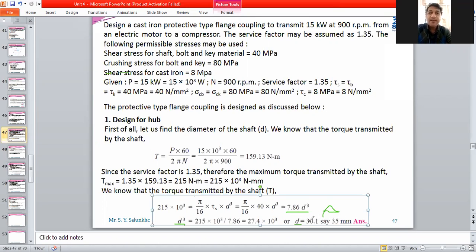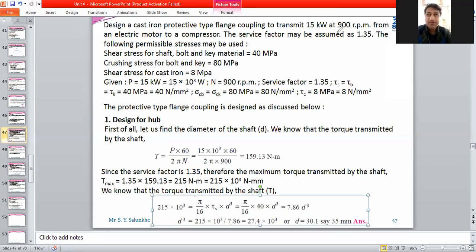Getting me? We cannot take 30.1 as it is, but it will be approximated to the next full number, that is 35 millimeter. It is up to you, but it should not be less than 30.1.